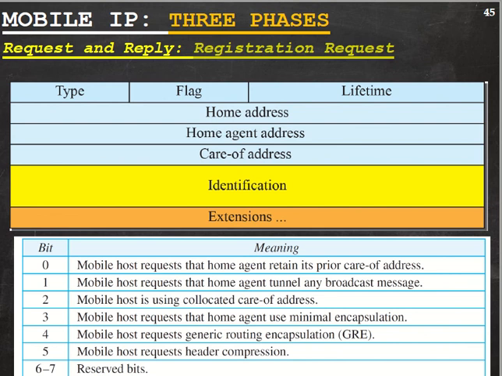Based on the matching, the request and the reply will be allocated to a particular mobile host. Last field is extensions. It's of variable length and it is used for authentication. It allows a home agent to authenticate with a mobile host.